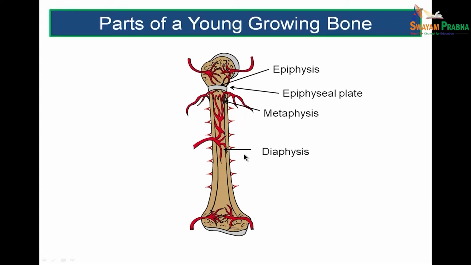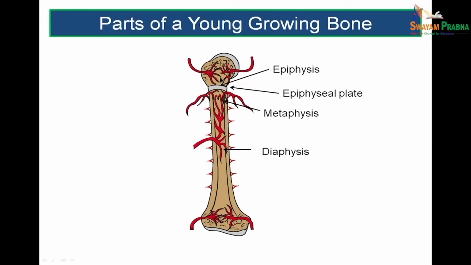What are the parts of a young growing bone? Every bone has a diaphysis, the shaft, and an epiphysis at either end. In addition to that, if you look in this figure, there is an epiphysis, a diaphysis and an epiphysis below.